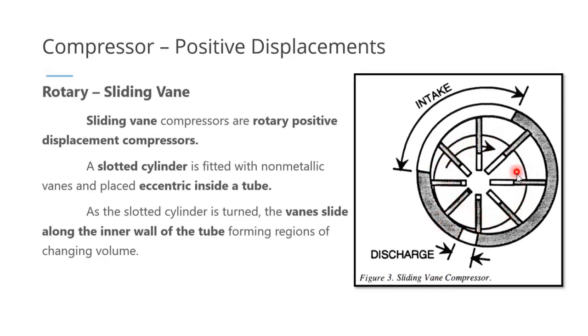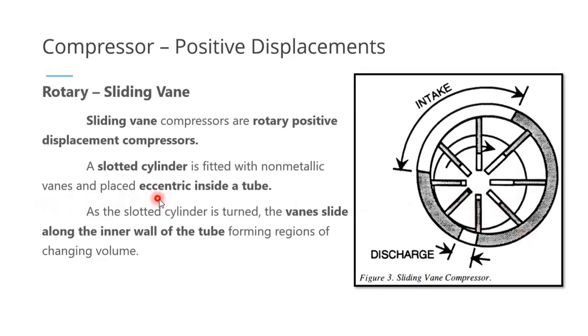Ayan, nakakabit siya dun sa tube pero at eccentric. So hindi siya sa center ng tube. Ayan, dito sa gilid. Then meron siyang mga slatted cylinder. Ito, 1, 2, 3, 4, 5, 6, 7, 8. Ayan. Then, meron siyang non-metallic vanes, itong kulay black na 'to.